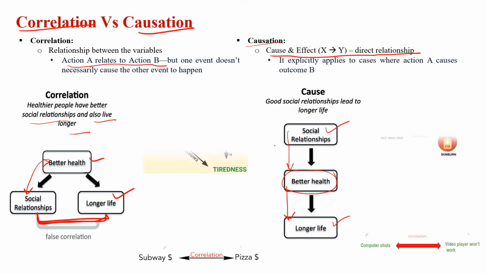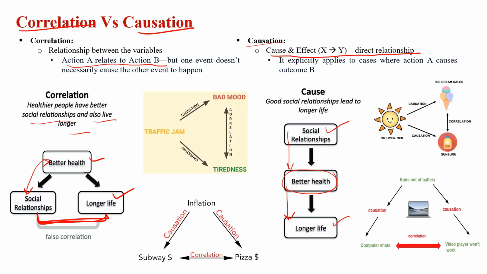Let's take some more examples. Similarly, we can say that a traffic jam can cause a bad mood. Similarly, a traffic jam can cause tardiness, whereas bad mood and tardiness have a correlation. The more bad mood we have, the more tardiness we have.